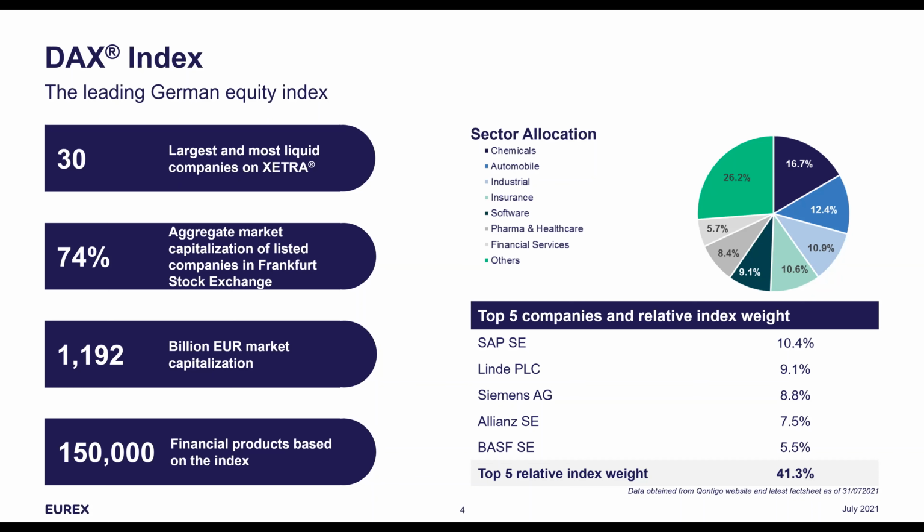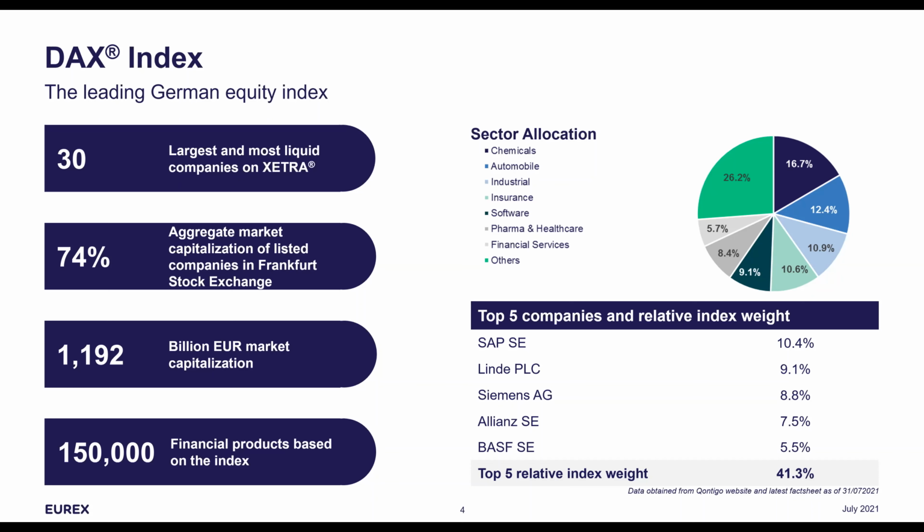In the DAX index, there are firms like SAP, Linde, Siemens, Allianz, or BASF. I mean, you could imagine when you think about Germany, you only speak about car makers. I mean, Mercedes-Benz, BMW, or Volkswagen. They are part of the DAX, but it's not only about German car makers in the DAX index.